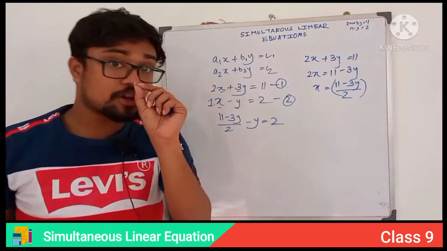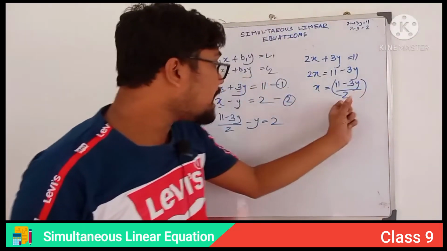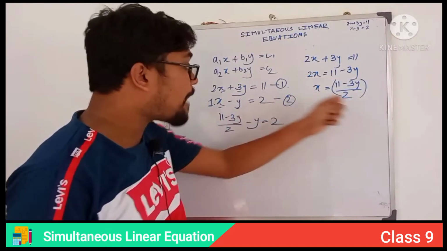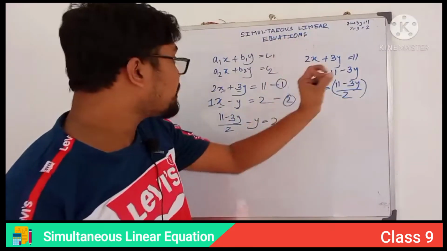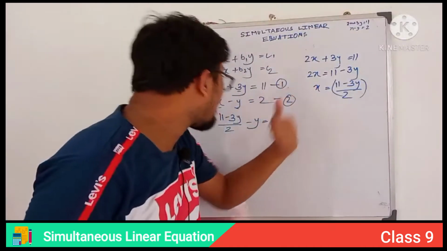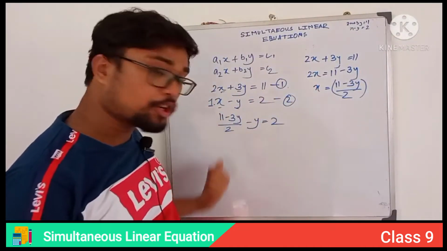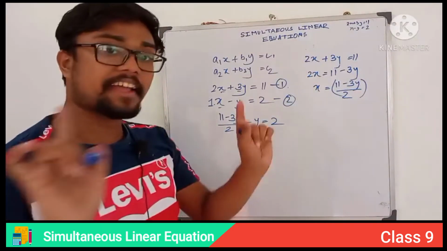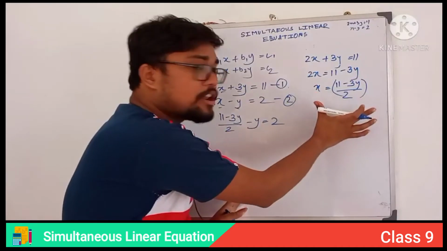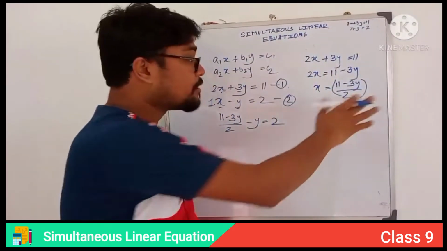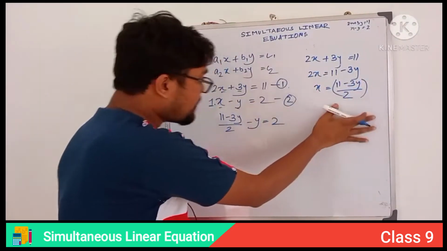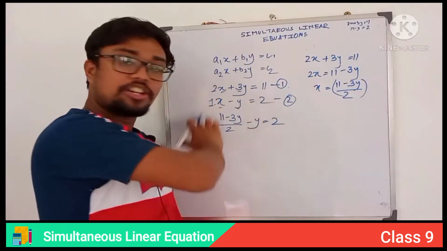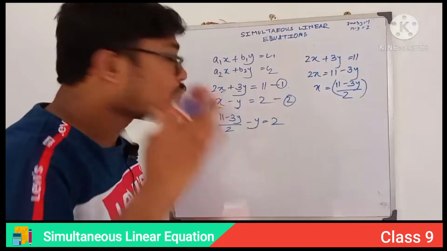So in this equation we substituted the value of x, which we found from equation 1, and that substitution gives me a linear equation with one variable. Hence the whole equation is made of y.